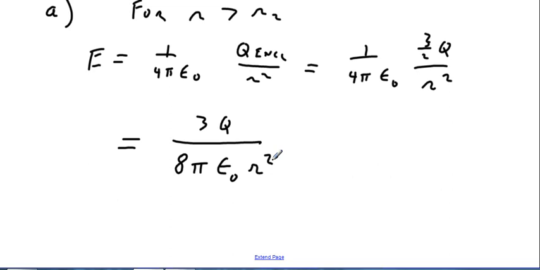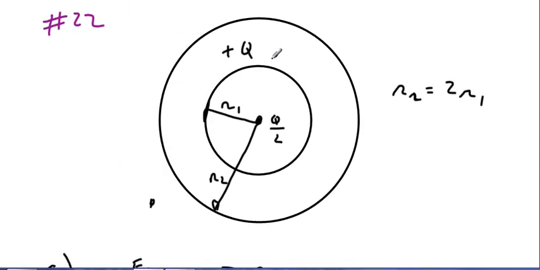Okay, then we'll look at R greater than R1 but less than R2. So I'm inside the conductor, and inside the conductor, I'm in here.